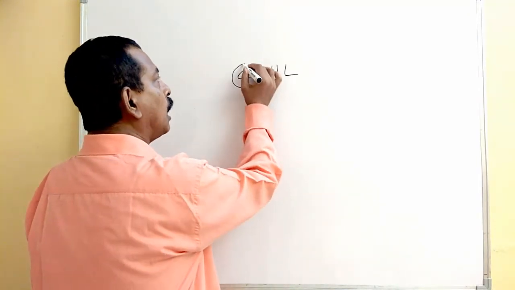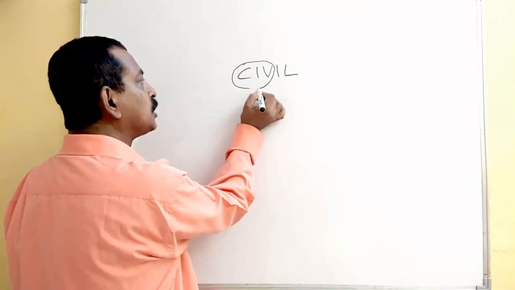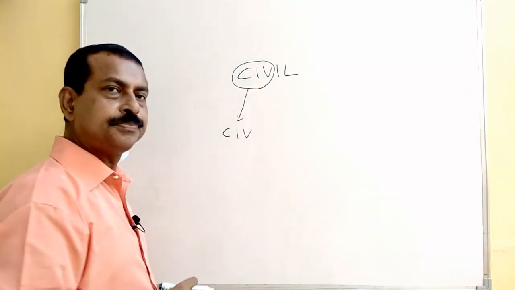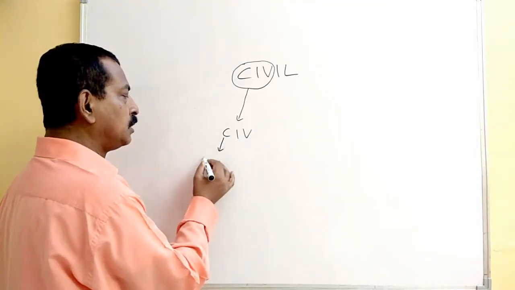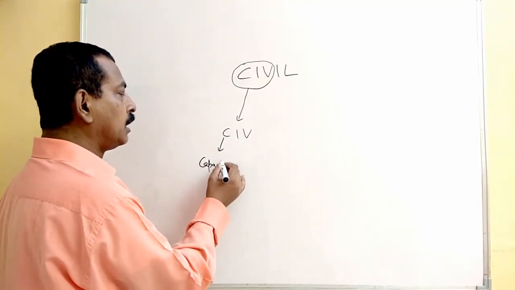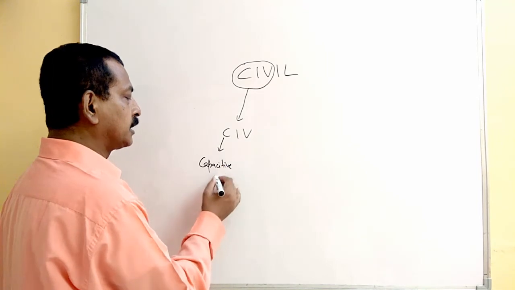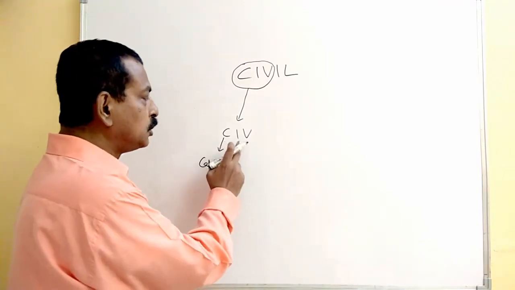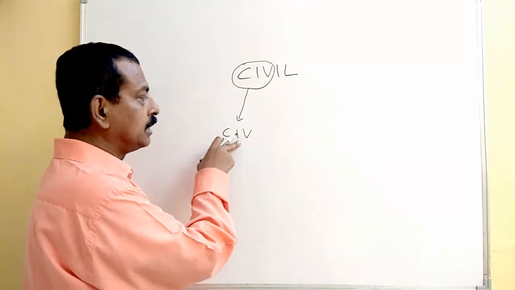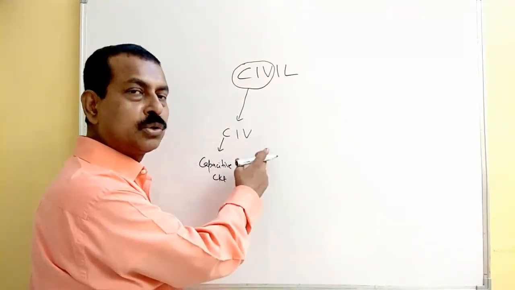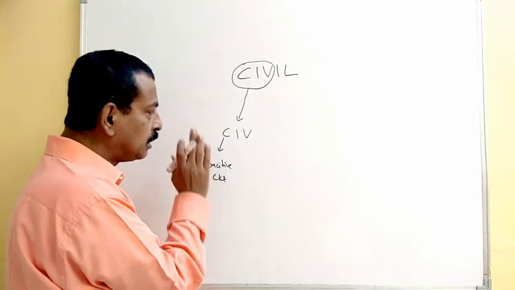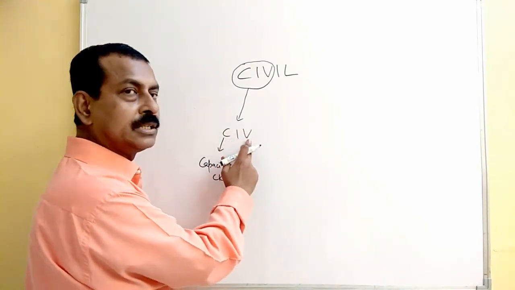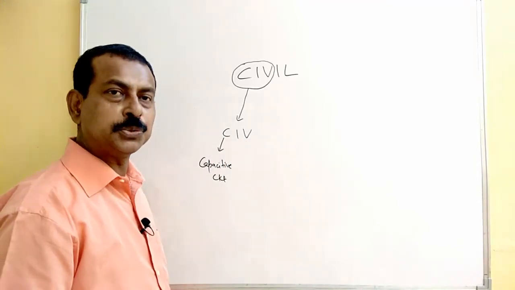Here, how we are using it, suppose we take the first three letters. This is CIV. This C we are using for the capacitive circuit. So here you can see I is coming first and then V. So what we can remember is that in a capacitive circuit, instantaneous current will lead instantaneous voltage by pi by 2.